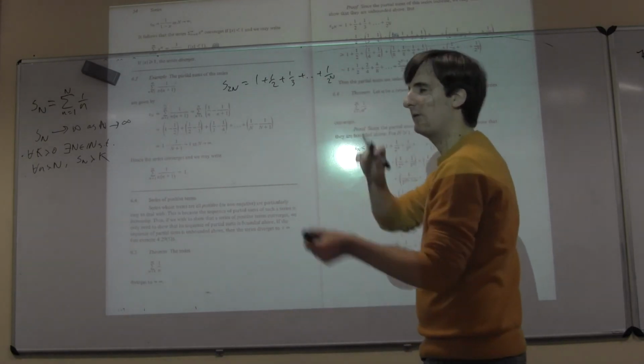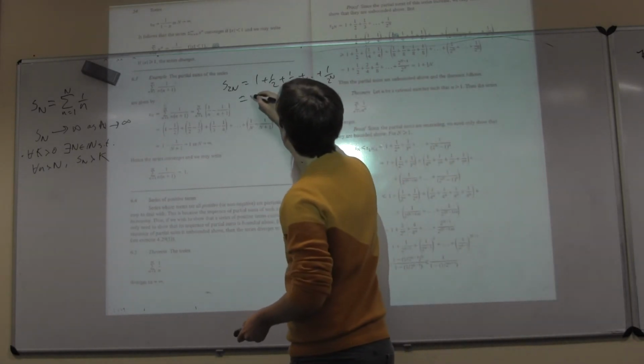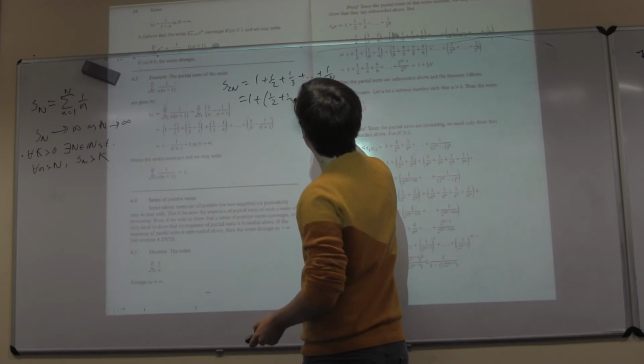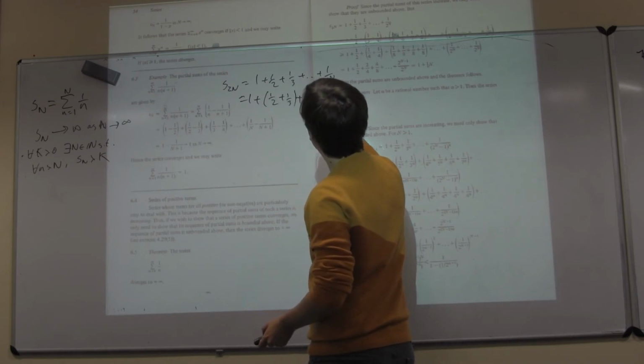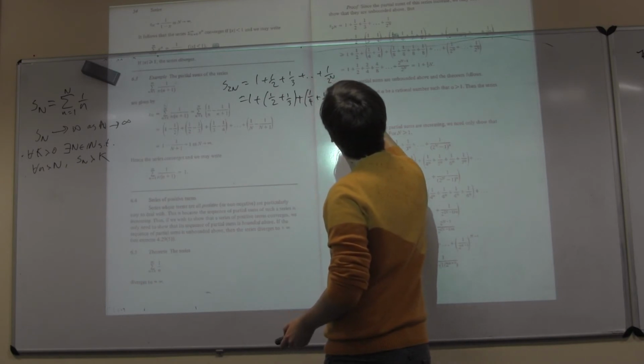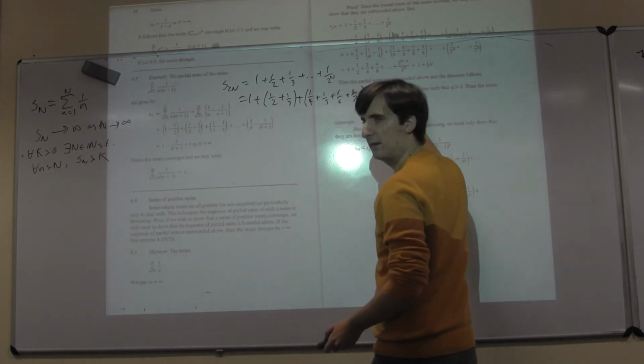Then let's rearrange the terms in that sum, or just put brackets around them. So that's 1 plus, let's put the first 2 terms together in a bracket, and then the next 4 terms: a quarter, a fifth, a sixth, a seventh, etc.